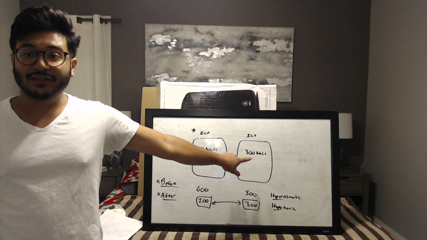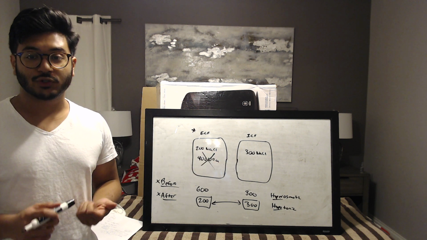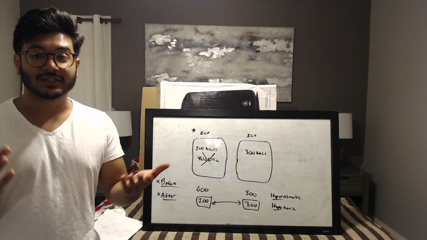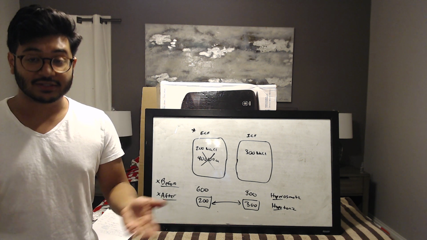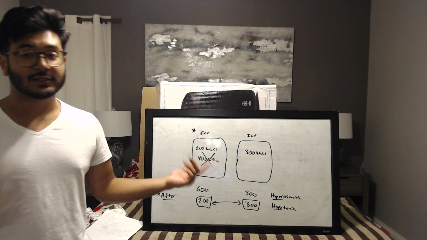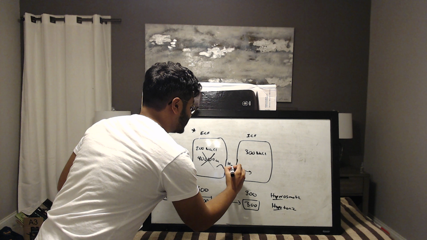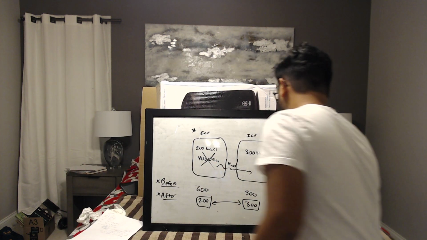Since the inside of the cell is more concentrated afterwards, right? So on the tonicity, the after shot, since it's more concentrated on the inside of the cell, you're going to have water moving to the inside of the cell, and your cell is going to swell again.